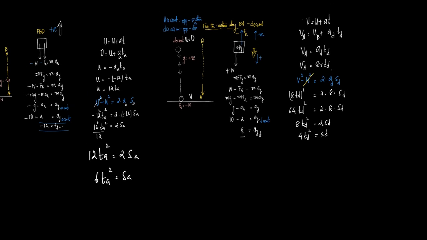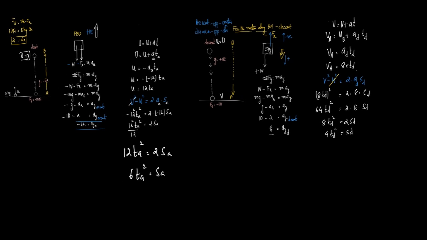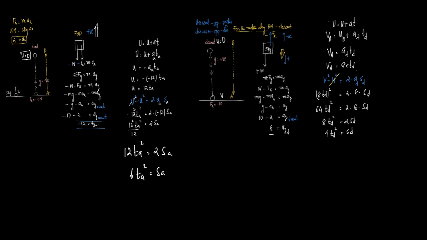Now, the displacement of the motion from A to B is actually B to A in the reverse direction. To be more precise, SA is actually AB. And what is SD? Displacement during descent. It is BA. What is BA otherwise? BA is equal to AB, which is otherwise equal to SA.